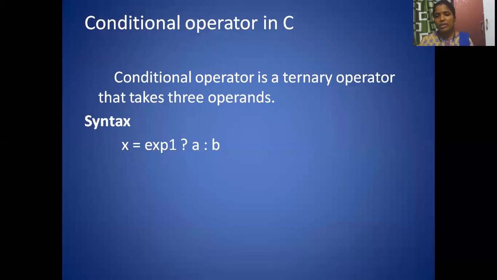Another one, the conditional operator, is a ternary operator. We have seen that we have three types of operators: unary, binary, ternary. Unary means only one operand, binary means 2 operands, whereas ternary means 3 operands, 3 expressions. So this is called a ternary operator, also called a conditional operator. The syntax is x equals expression 1, question mark, colon.